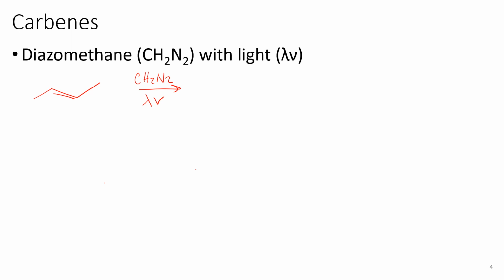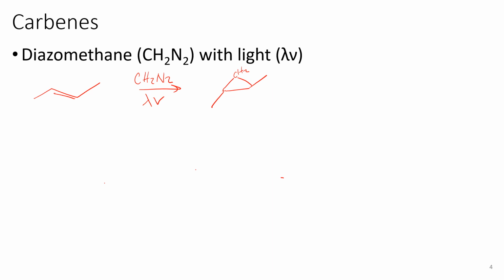Diazomethane with light ends up generating the carbene in the reaction mixture. That carbene then behaves as the electrophile with our alkene to produce that three-membered ring intermediate. This time, the E that we had in our generic reaction is replaced by the CH2 unit associated with the carbene itself.